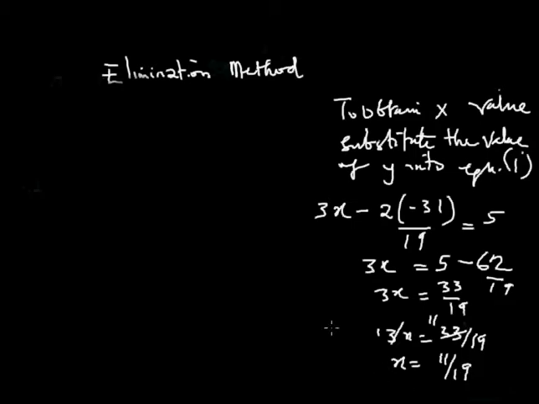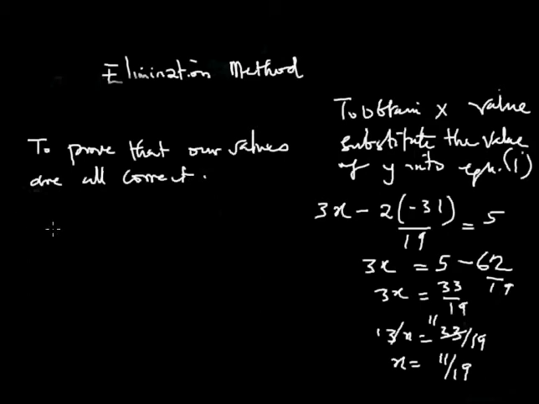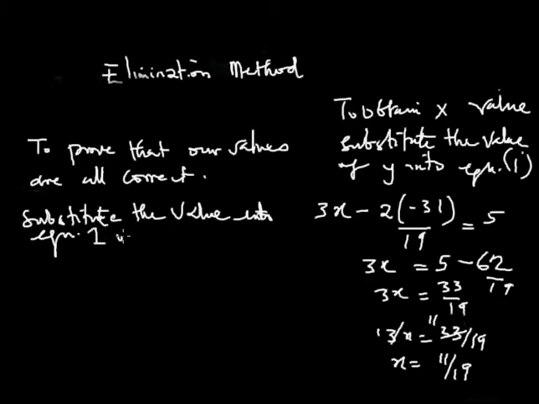Now once we've got this, to prove that our values are all correct, what we need to do is just substitute the values into equation 1 or 2, which is 3x minus 2y is equals to 5.